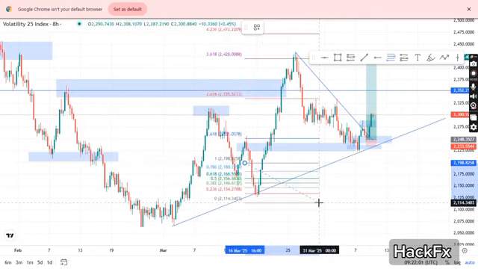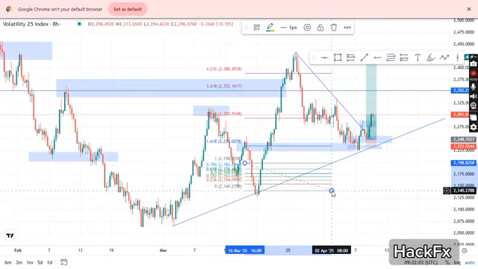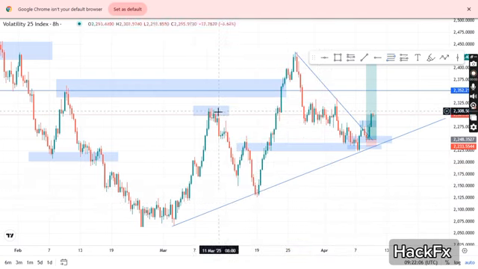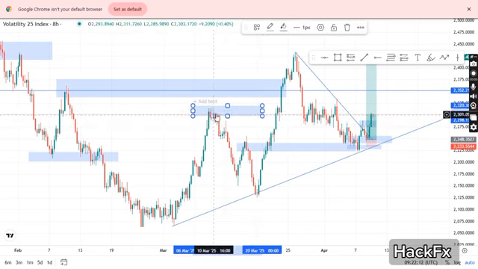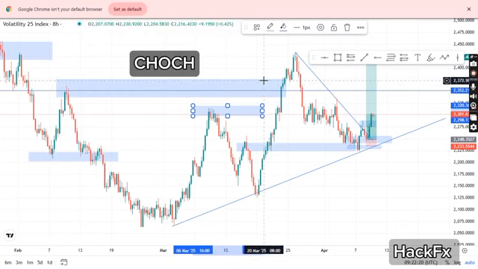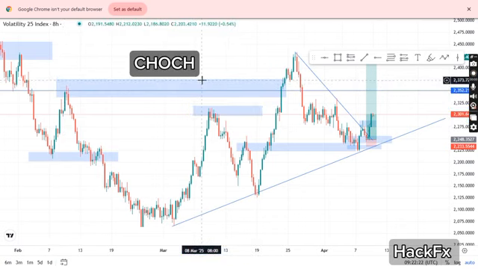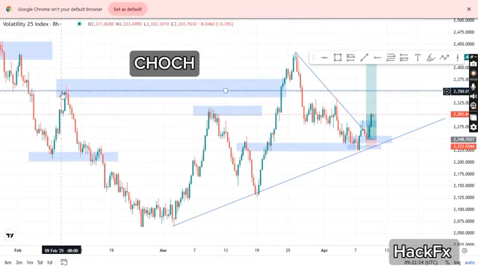Let me show you. Here was when price broke this high, it was considered a break of structure. Now when price broke this other high, the previous high of the bearish trend, it was considered a change of character.